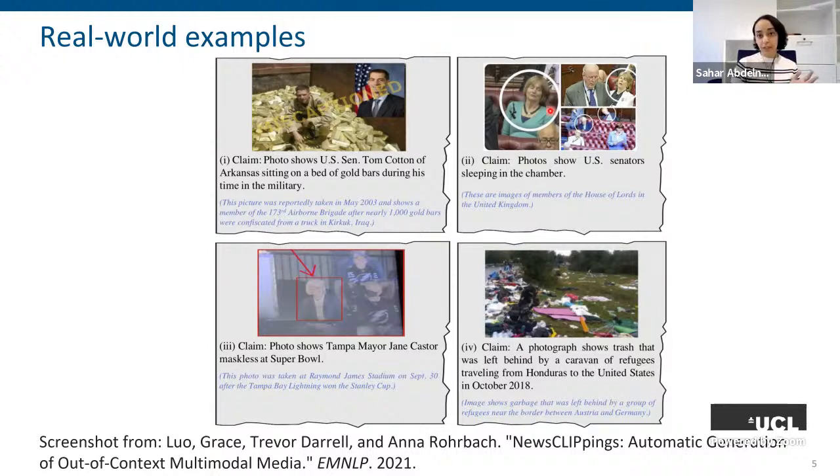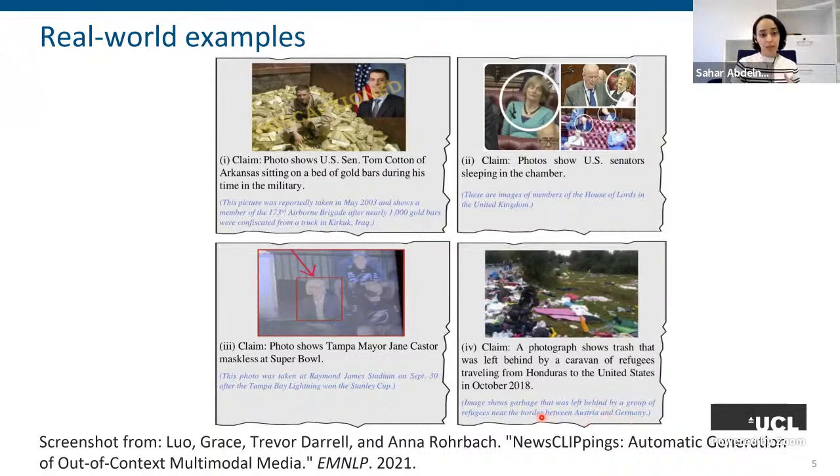So for example, here in this image, this is a real image, and the wrong claim says that these are US senators. However, the actual image belongs to the UK. And this is also another example. So these are refugees, and the claim says that it's a refugee situation at the US, but the actual image has happened at the borders of Austria and Germany.